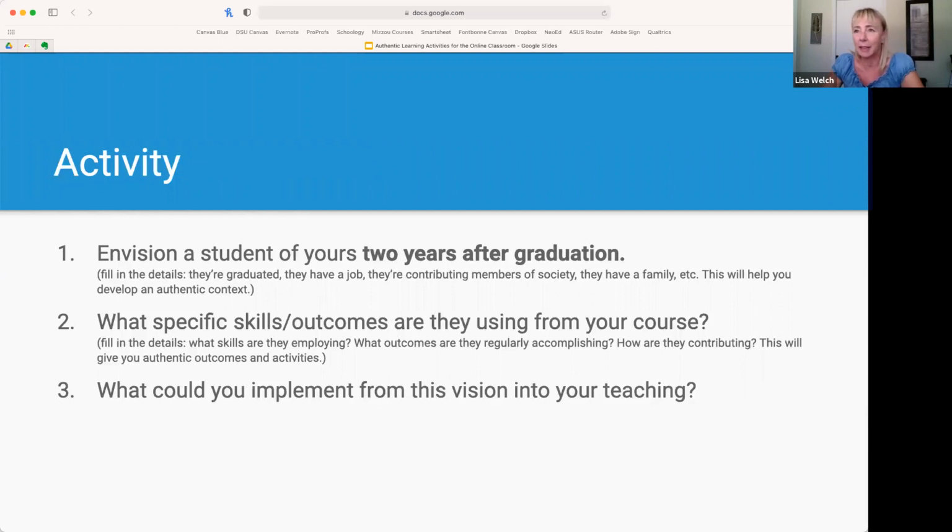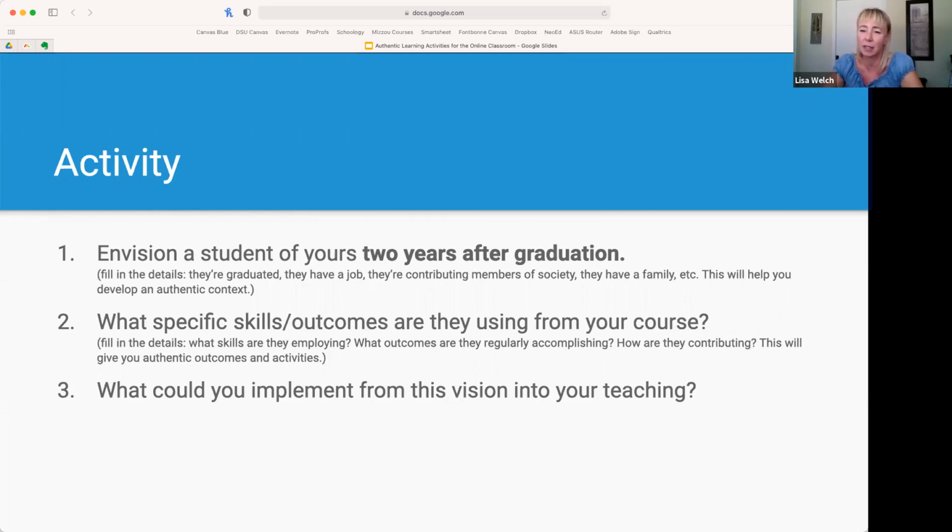They could be in lots of different careers, but what skills or outcomes specifically from your course do you envision them using? How what you have helped them learn is going to help them in their future career 2 years from graduation.